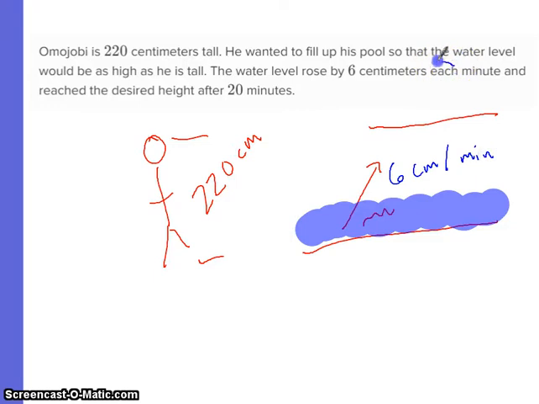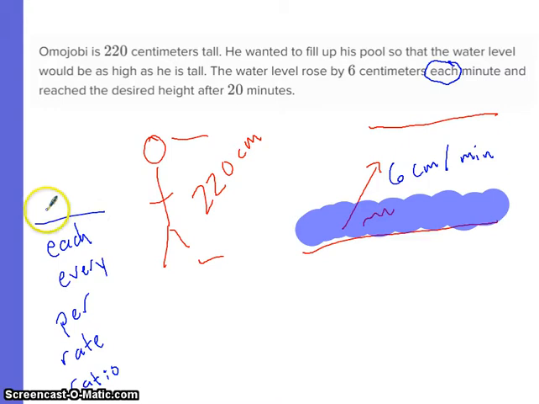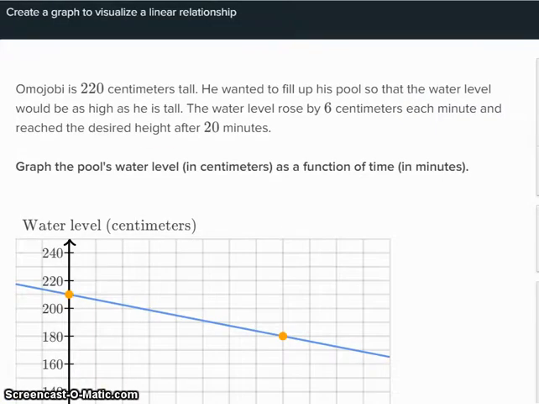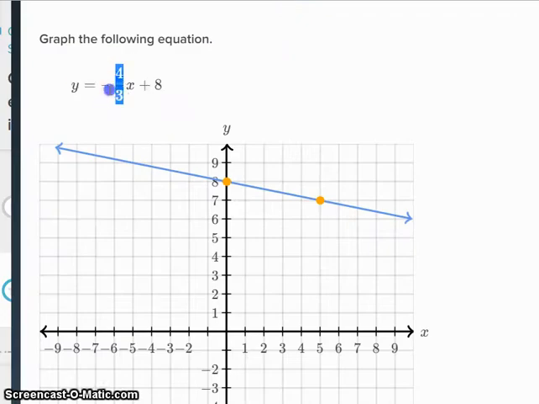And then the word each here, let me give my keywords for how I can tell what I'm looking at when I look at my key numbers. If I see the words each, every, or per, or rate, or ratio, those are all indications that I am looking at the slope, m, the slope m that goes in this spot here.